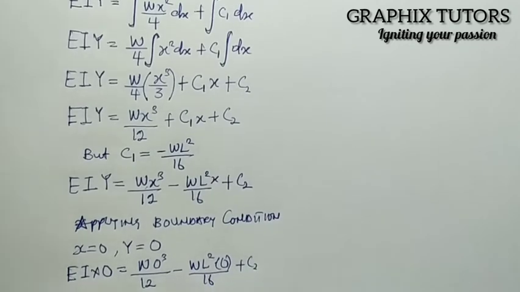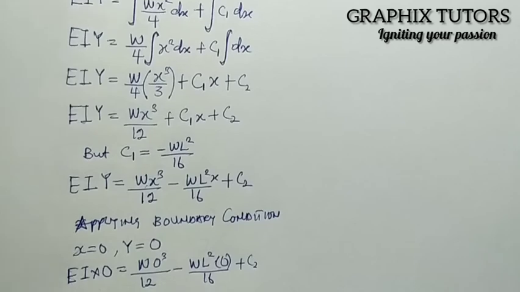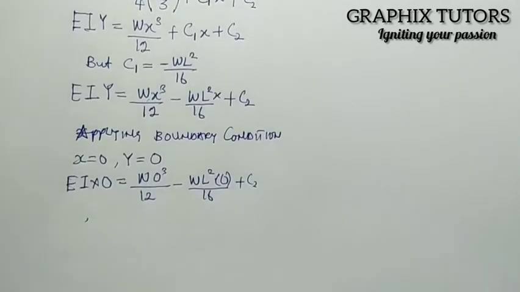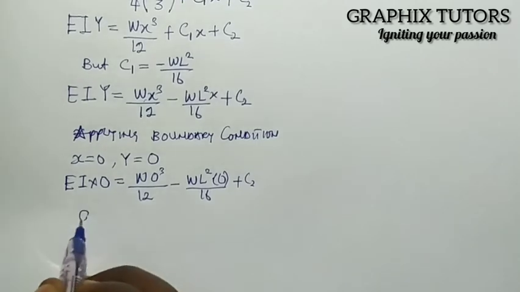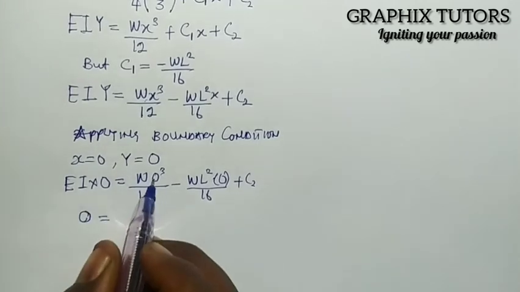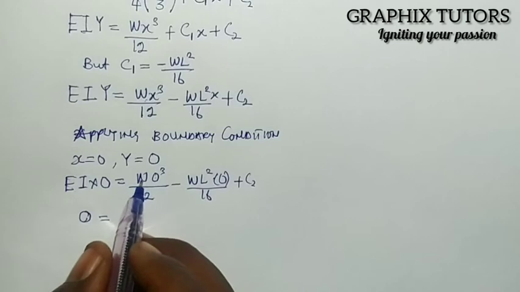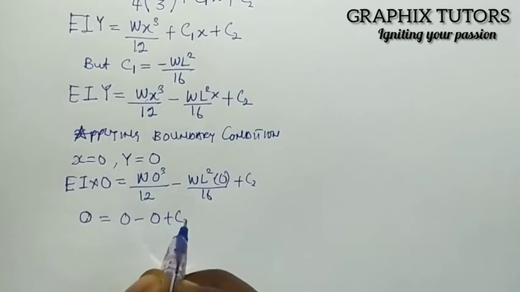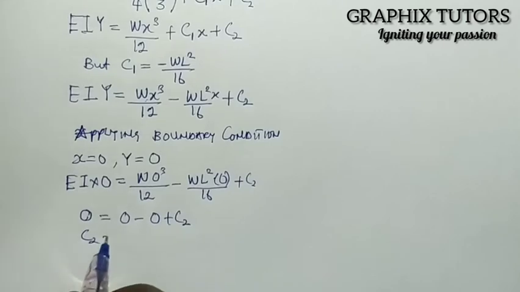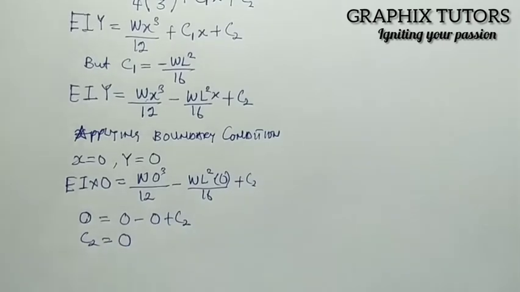At the end of the day, everything here will become 0. That is, 0 is equals to 0 cube is 0 times w is 0, 0 over 12 is 0 minus 0 plus C2. So the C2 is equals to 0, right?